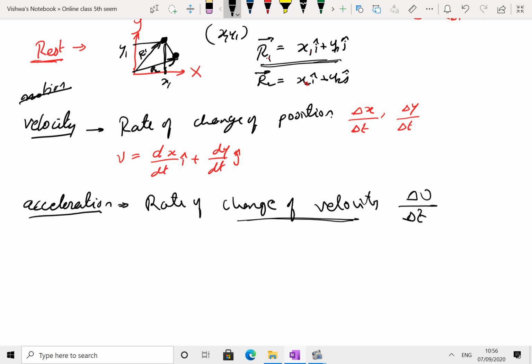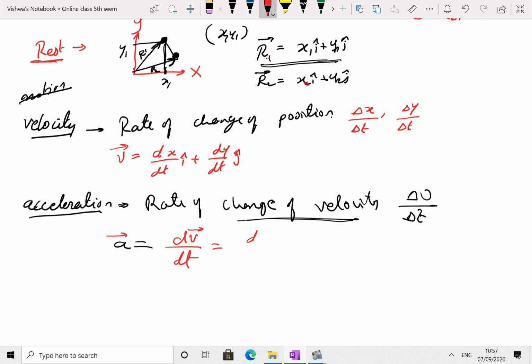Delta v by delta t gives acceleration. At any instant of time, the acceleration, represented by a, is equal to dv by dt. In terms of vector notation, this velocity is also a vector quantity.